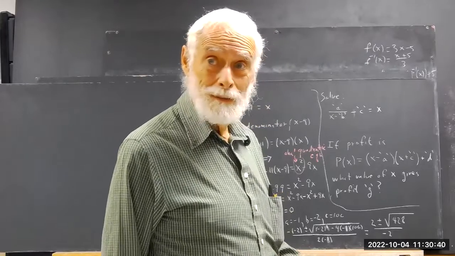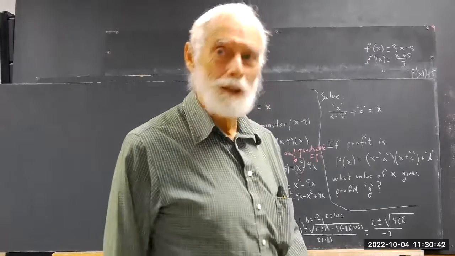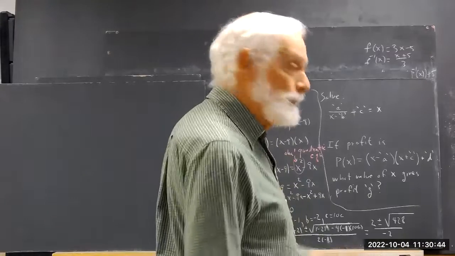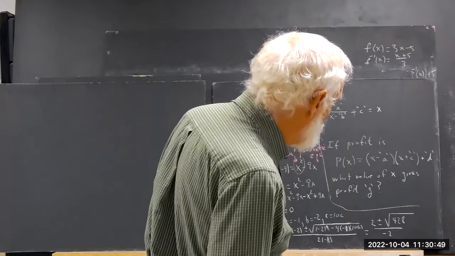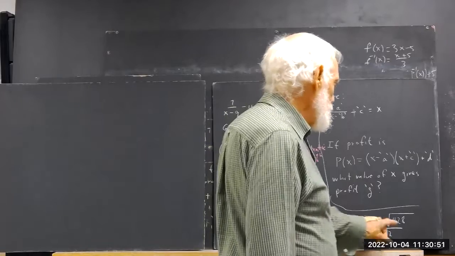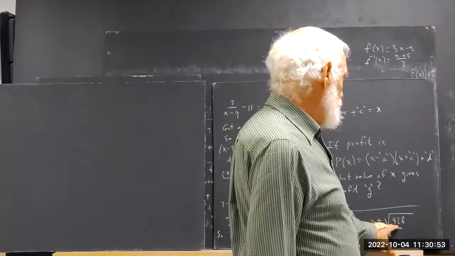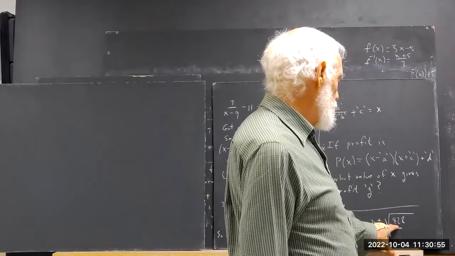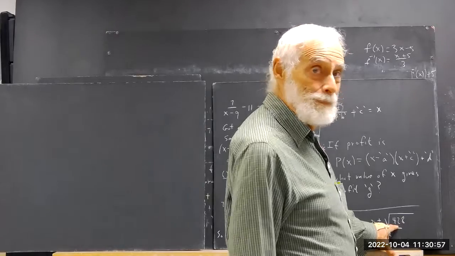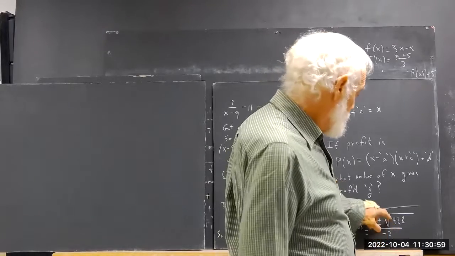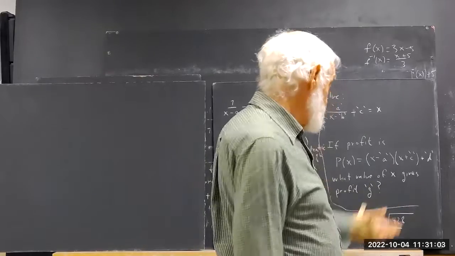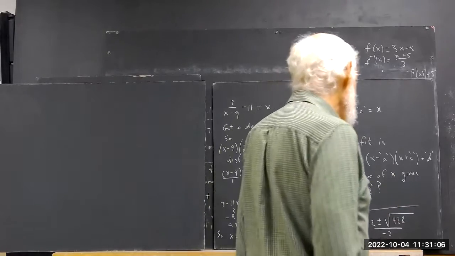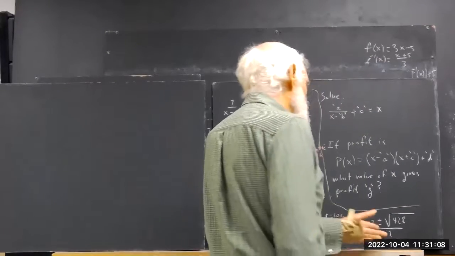Well, your calculator does, so it's perfectly permissible to use your calculator. Another thing you can do is factor out 4 here, and 428 is 4 times 107. So this would be the square root of 4 times the square root of 107, just 2 times the square root of 107. But I'm not going to take it any further than that.